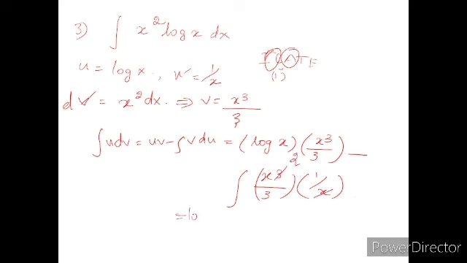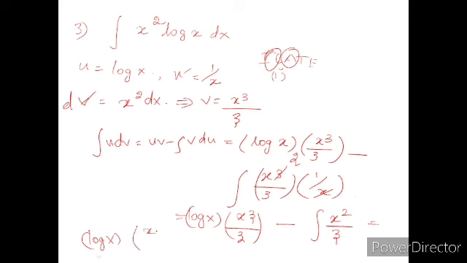So log x into x cube by 3 minus integral x squared by 3, which will give me log x x cube by 3 minus, if you integrate x squared by 3 again, x cube by 9.